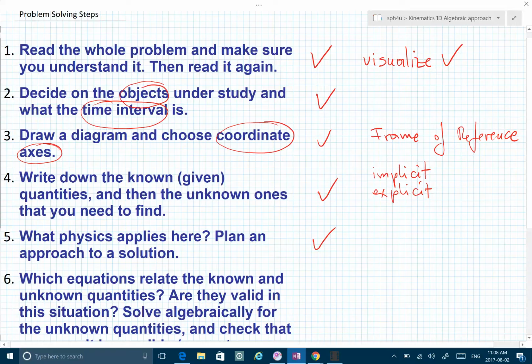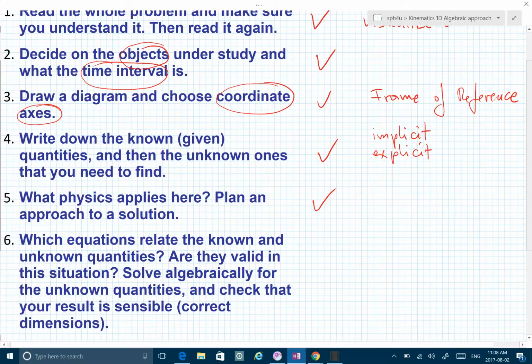I'm dealing with kinematics or dynamics or conservation of mechanical energy, whatever that is, so you can narrow down what equations you're going to use, all right? So the equations are related to the physics that applies.